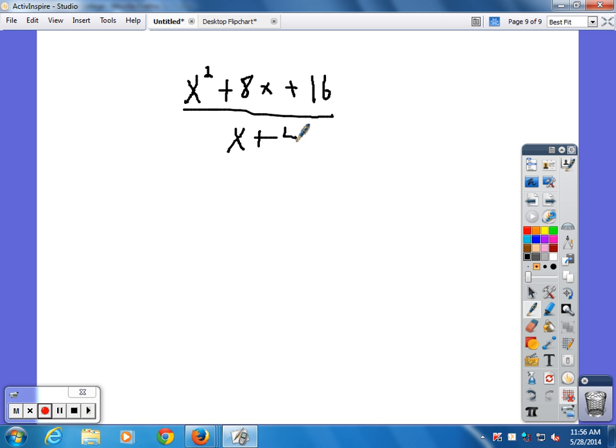Should you be using reverse FOIL or should you be using the shortcuts? Shortcuts, Hubert. That's right, class. You should be using the shortcuts. Reverse FOIL will take too much time in this problem.